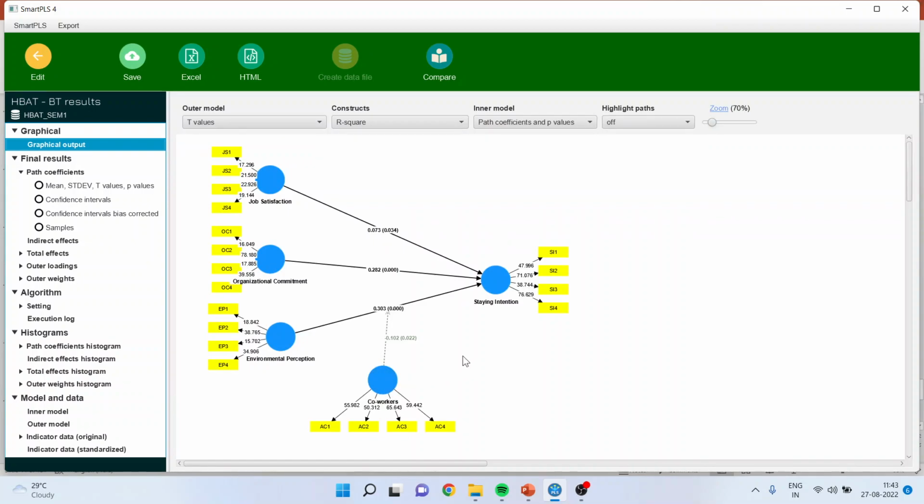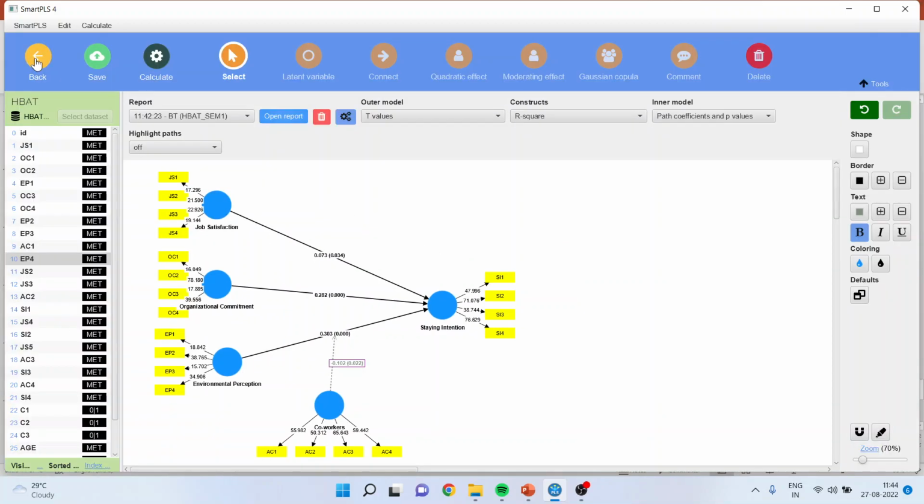Now, let us see whether this co-worker is altering the relationship of other path coefficients or not. For this, I will go in the edit menu and activate the connect option.